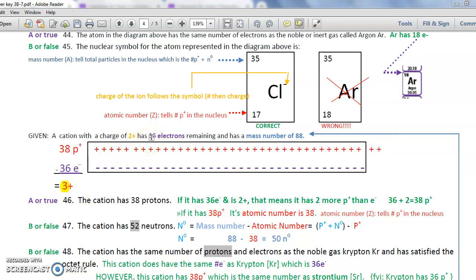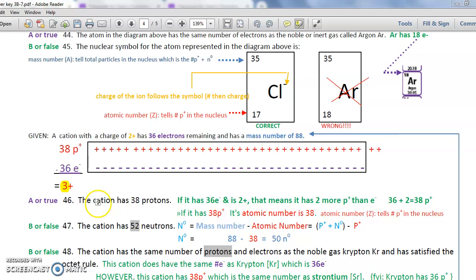If it has 36 negatives and it's 2+, it must have 2 more positives than the 36 negatives. That means it must have 38 protons. 38 positives, 36 negatives would leave it 2+. This 3 right here should actually be a 2. That's a typo. There should be a 2 inside there.